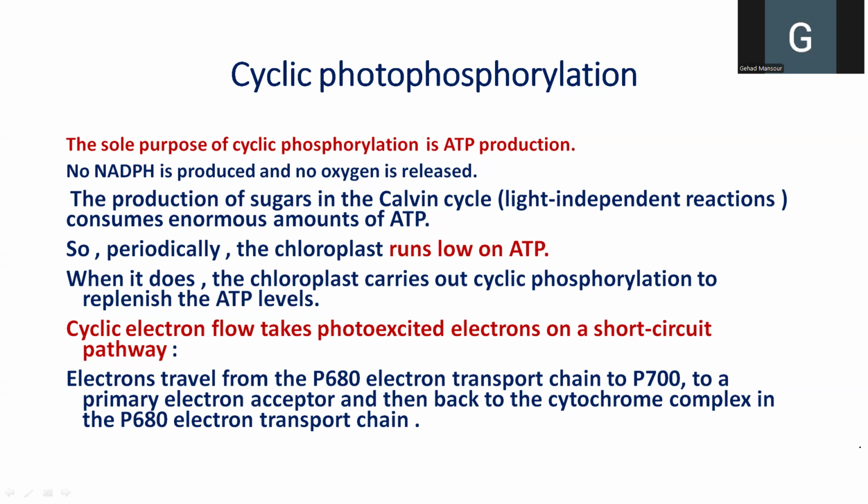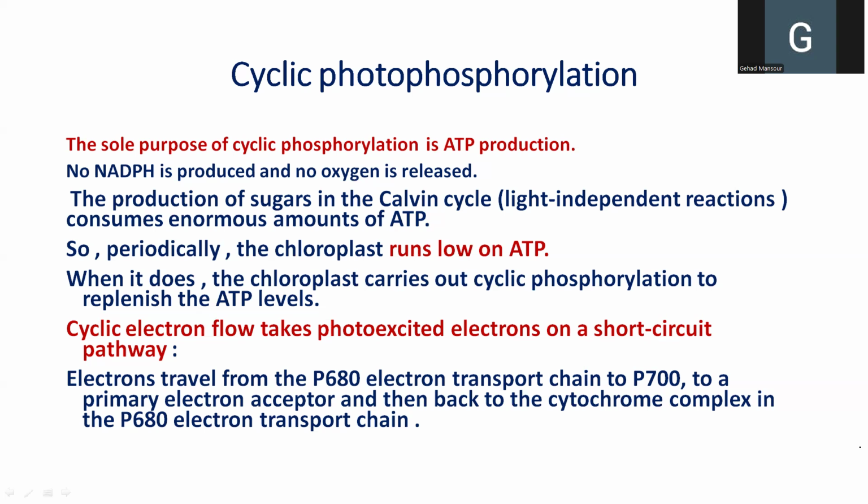As I've just explained, there is a cyclic electron flow. The photoexcited electrons are taken on a short circuit pathway. They travel from photosystem 700, and then, as we said before, to an electron acceptor, and then to the cytochrome complex in the photosystem 680 transport chain.